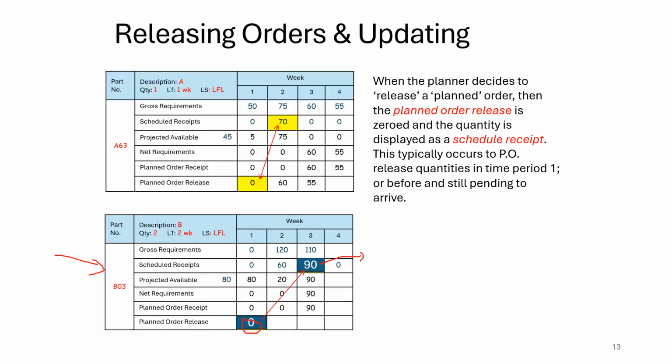So they've zeroed the planned order release, and this quantity of 90 units is now added in the scheduled receipts in week 3 because the lead time is 2 weeks. This typically occurs to a planned order release only in the first week of your MRP, and this is a strategy which companies sometimes use to minimize loss of information.